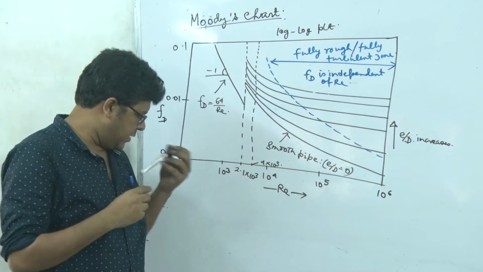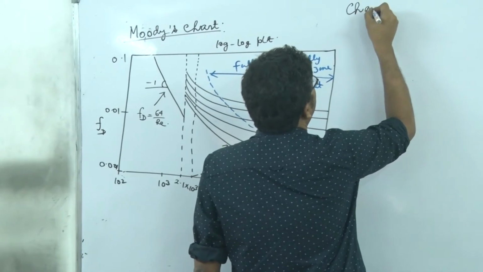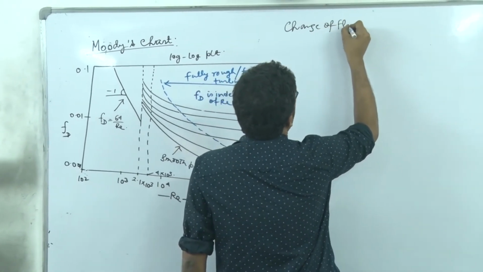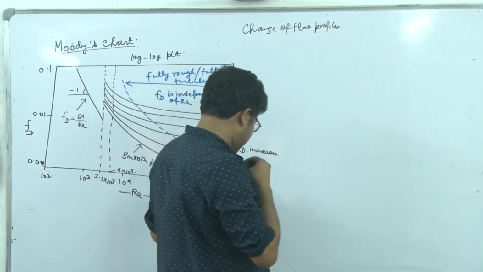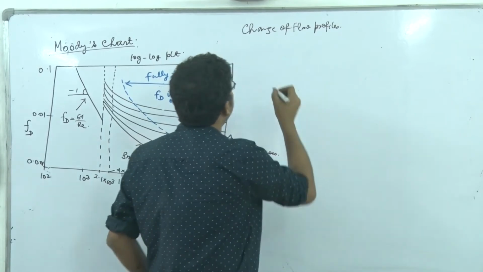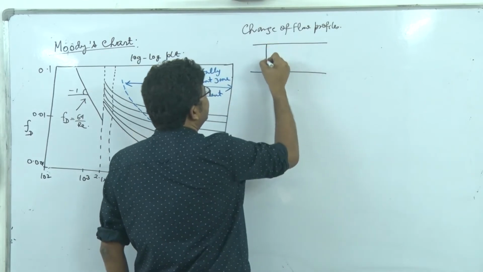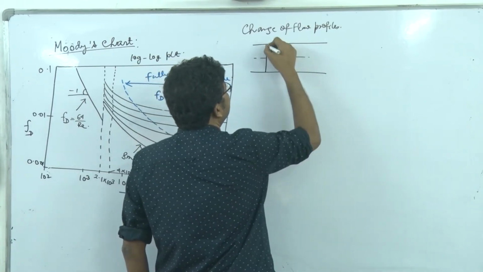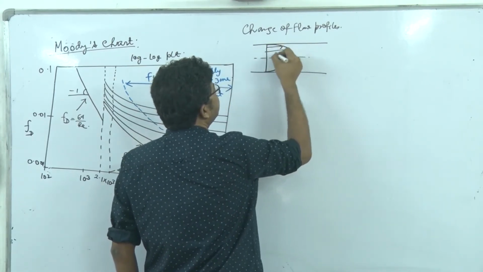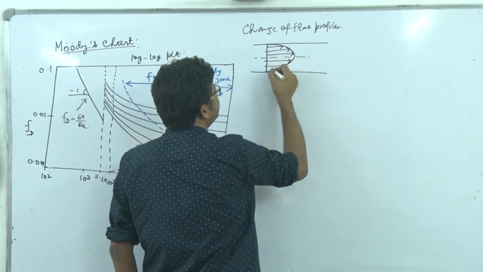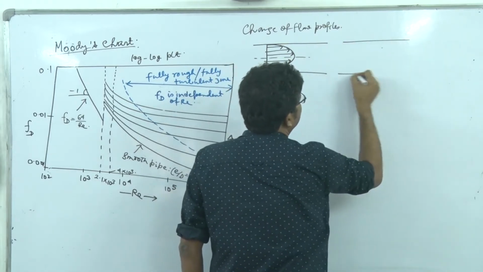In laminar flow, the flow profile changes. As we move from laminar to turbulent flow, the flow profile becomes more flat. Here in laminar flow it is parabolic, with Re less than 2100.